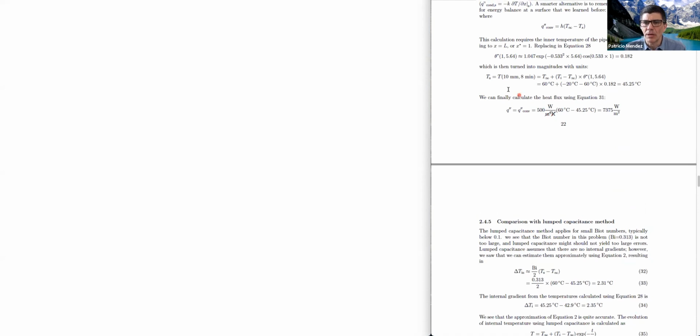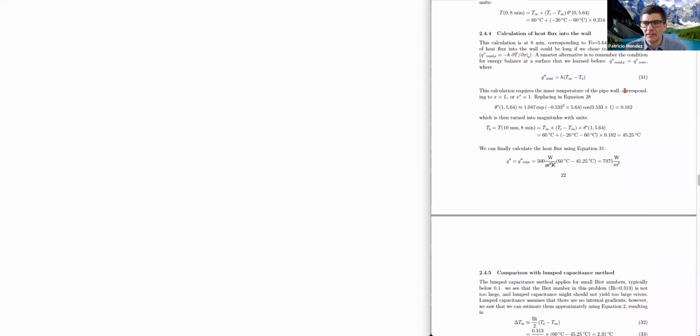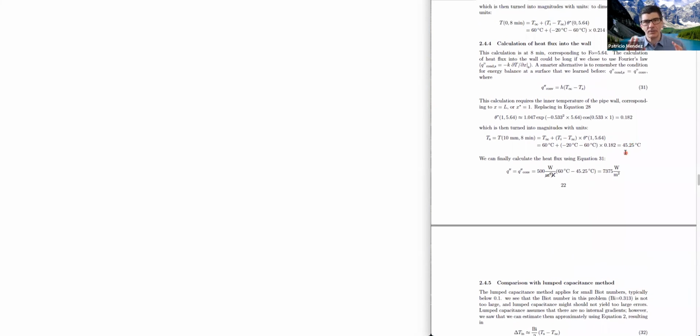And we got TS, and it says that T at the surface of the pipe, the inner surface of the pipe, would be 45 and something degrees C. And so we can finally calculate the flux. We have this inner temperature, and we have a straight answer.